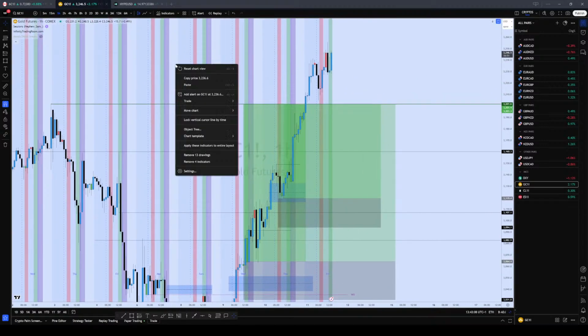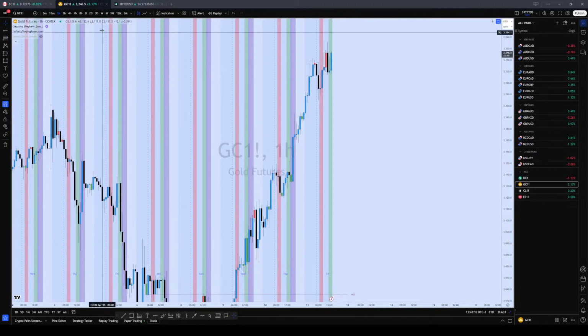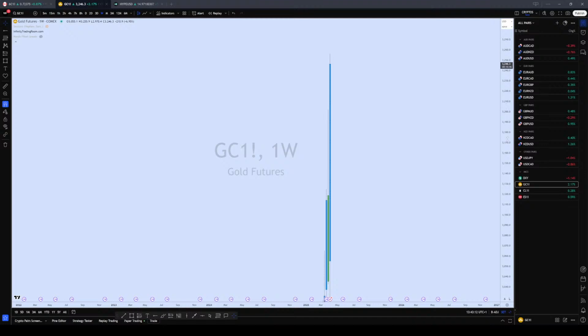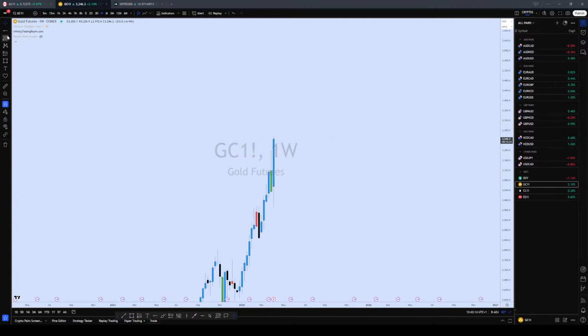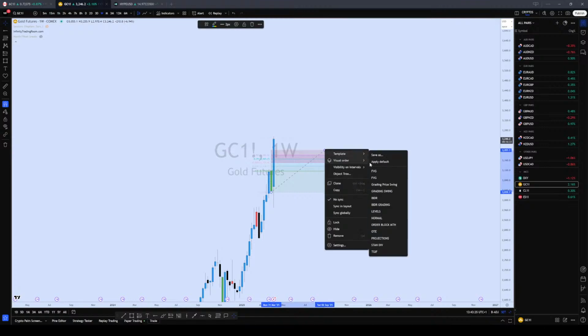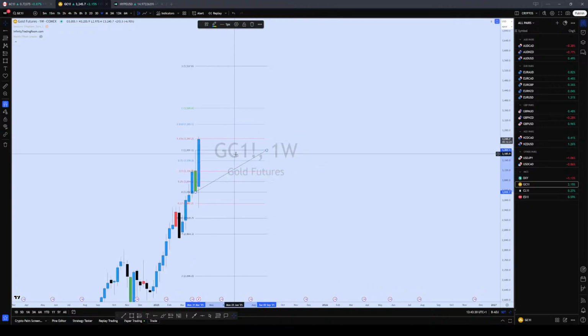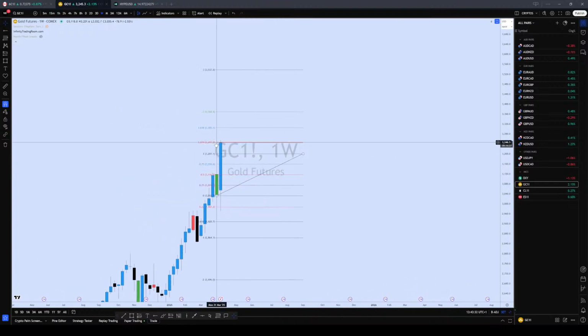Now, what is going to happen going forward? On the weekly time frame, we can project this down candle and then see the extensions. Right now it's at the 168.